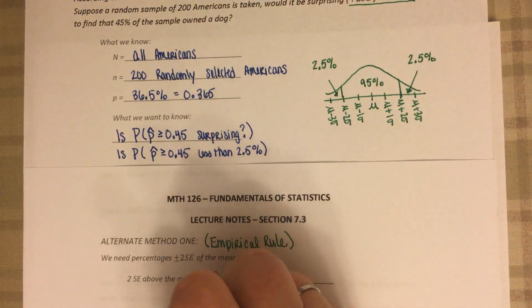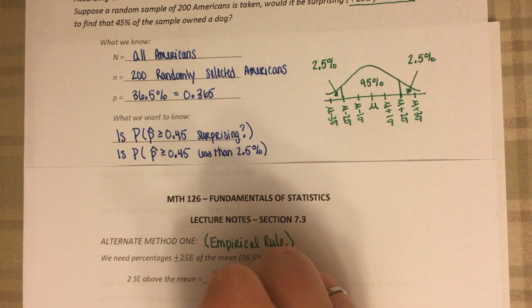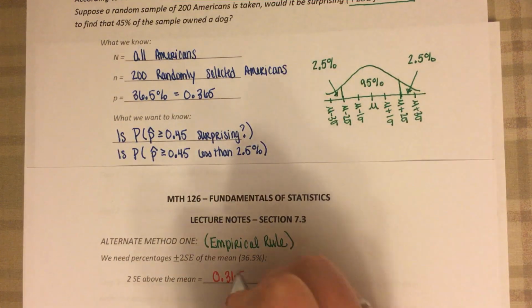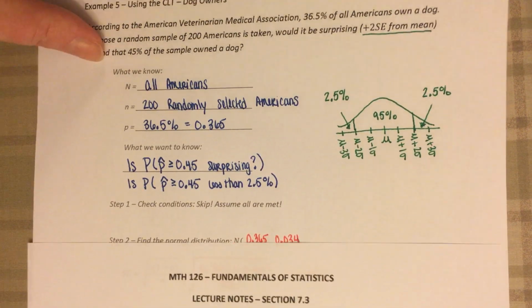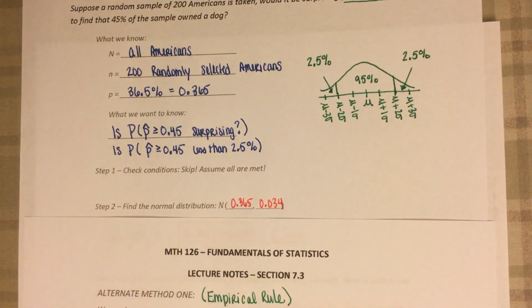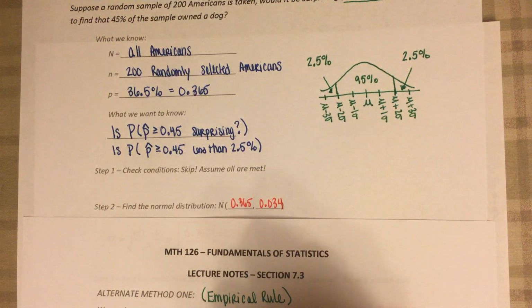So our mean, or our population proportion, was this 0.365. And then we're going to take 2 times our standard error that we found here, times 0.034, which gives us 0.433.